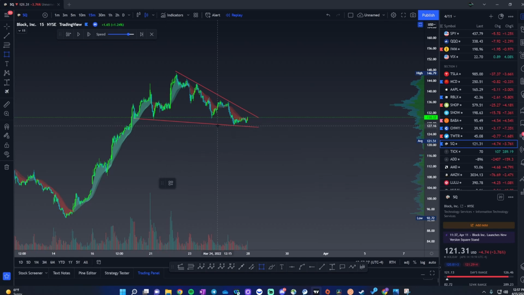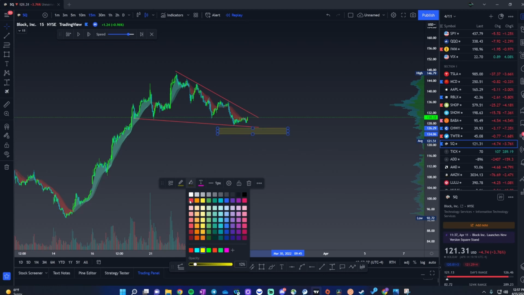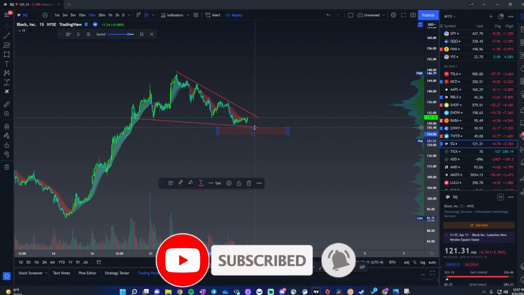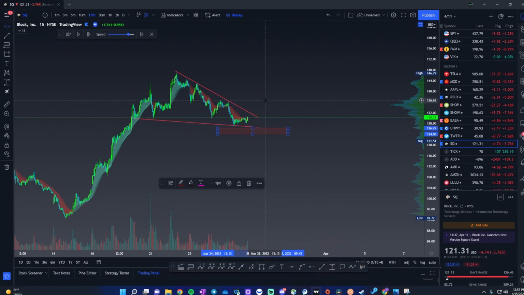So first things first, I always have my stop loss below the low of the support. So this low here is the bottom support. I always set my stop loss below this level just so I don't get stopped out in case the market pulls back a little bit and then fakes out to the upside. There's always that fake out to the downside before the move to the upside.